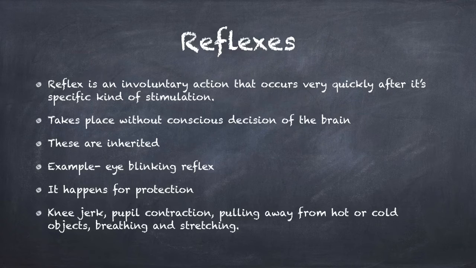If you are touching a hot cup of coffee, immediately you will pull away your hand. After that obviously there is involvement of the brain in sending the message that the cup is hot, so you are not going to touch it again. But the immediate action of pulling it away doesn't involve the brain, it just happens automatically. That is known as your reflex action.